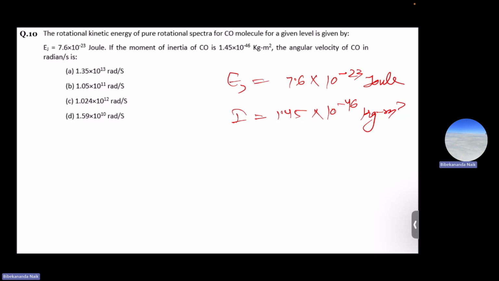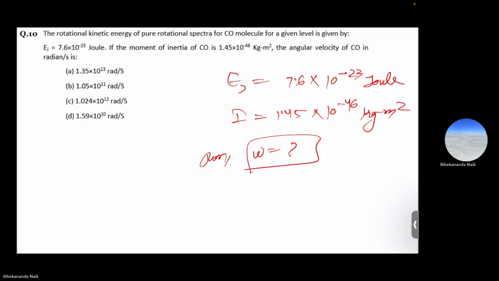So here E is given. It is 7.6 into 10 to the power minus 23 joule, and the moment of inertia is given as 1.45 into 10 to the power minus 46 kg meter square. Then what will be the angular velocity in radian per second?